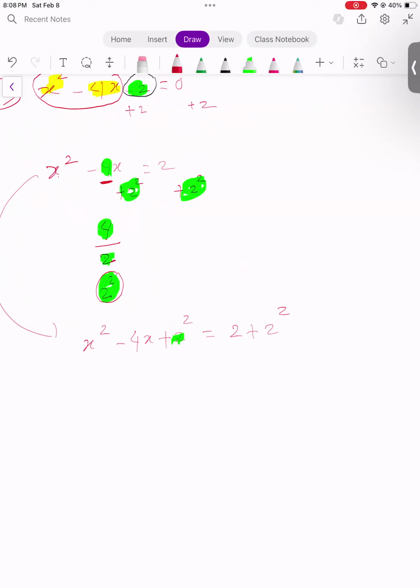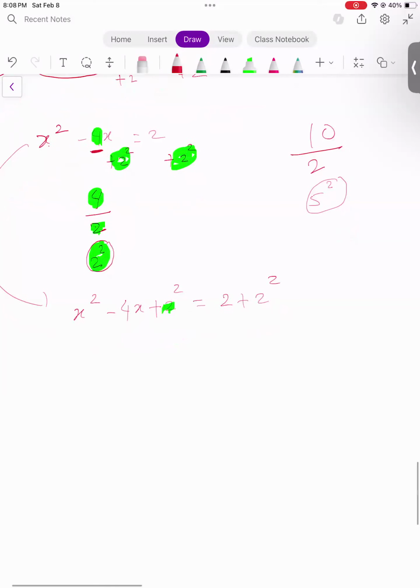So if the coefficient of x is 10, then you divide 10 by 2, we get 5, and you square it. You are adding 5 square on both sides. Sometimes the coefficient might be 3, divide by 2. You square this number, and you are adding 3 over 2 square on both sides of the equation.